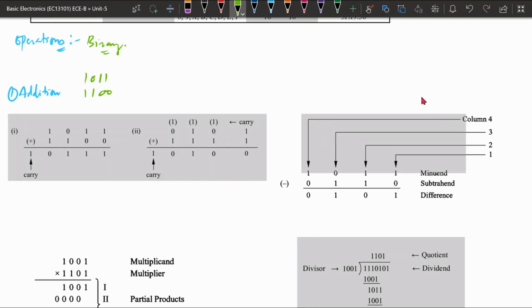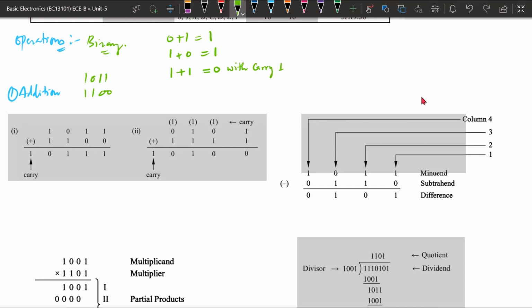For adding, 1 and 0 will be added, so it will be 1. 1 and 0, 1. And when 1 and 1 are added, it will be 0 with a carry. So 0 plus 1 is 1, 1 plus 0 is 1, and if it is 1 plus 1, it will be 10, so 0 will be put here and 1 will be carried.